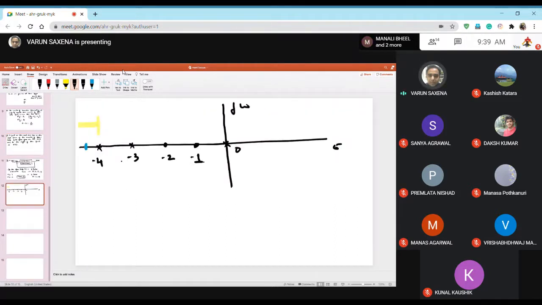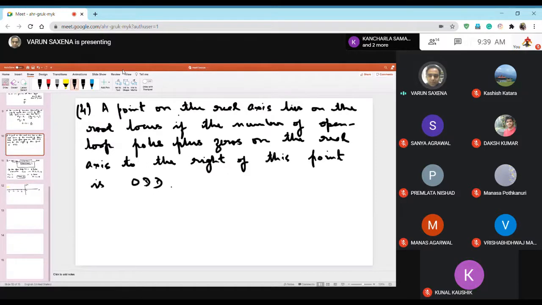So now you count the number of open loop poles and open loop zeros on the real axis. For this point, everything to its right is here, right? I repeat again: a point on the real axis lies on the root locus if the number of open loop poles plus zeros on the real axis to the right of this point is odd.